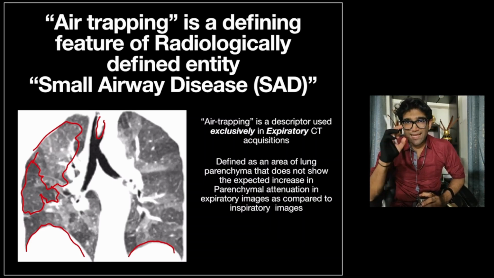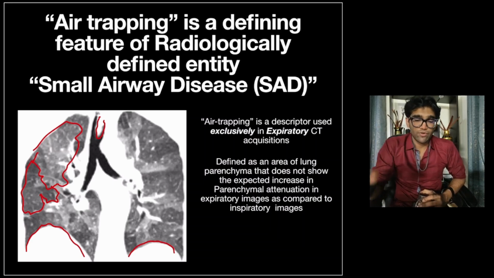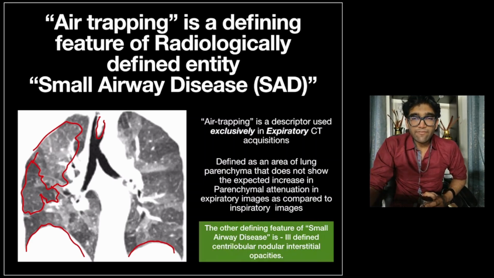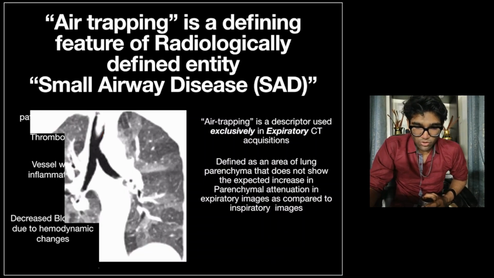The air signal is decreasing, therefore the attenuation would naturally increase. So it is expected. This is a normal finding. If that does not happen, that is what we call air trapping. The other defining feature of small airway disease, and we'll go into this again when we discuss hypersensitivity pneumonitis, is an ill-defined centrilobular nodular interstitial pattern. These are the two things, and we've just discussed this in the previous topic.